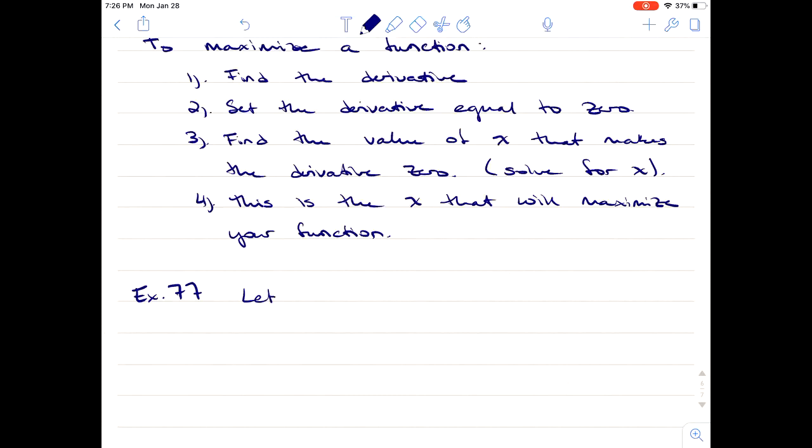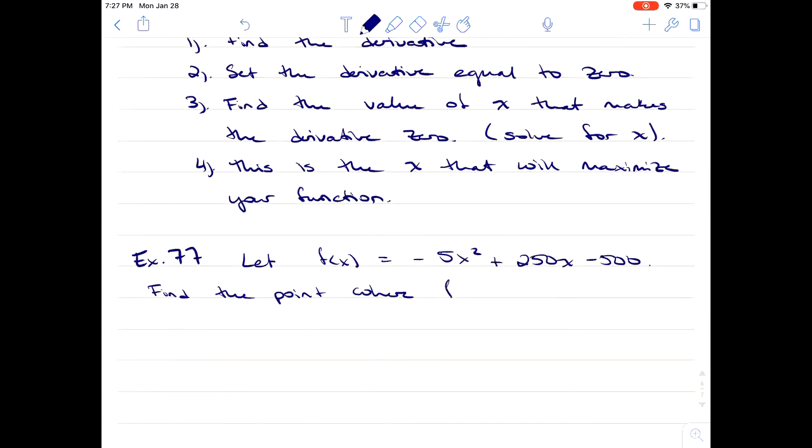Let f of x be negative 5x squared plus 250x minus 500. Find the point where f prime of x is 0.